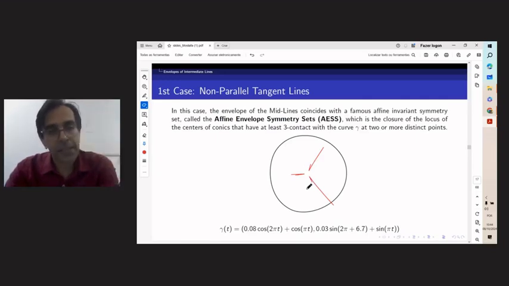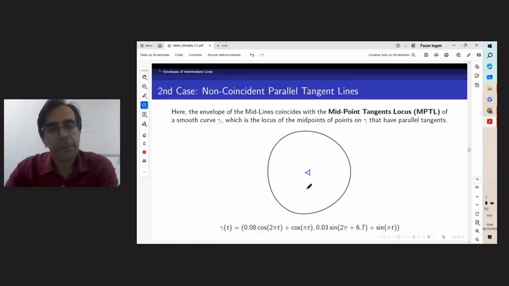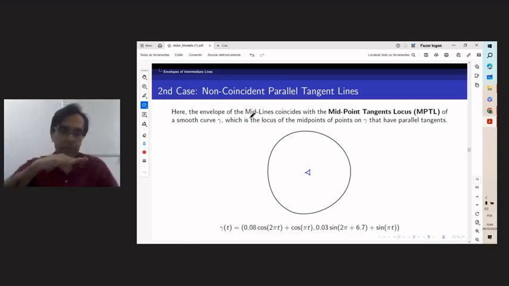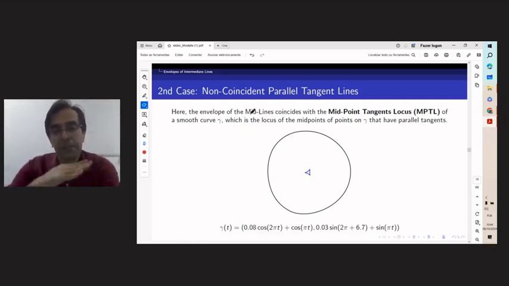Well, in the second case, when we have parallel tangents, the midlines are the parallel lines which pass through the midpoints. The envelope of the family of these lines gives us exactly this.